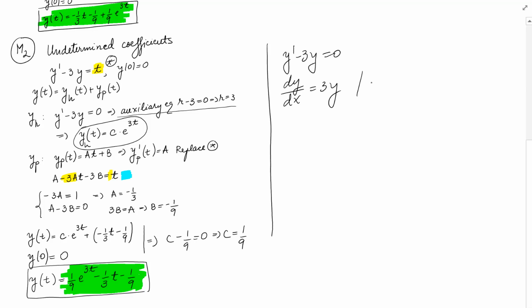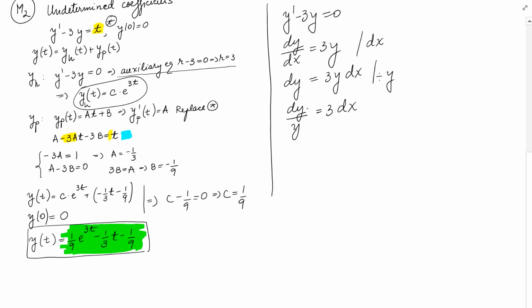So we can multiply by dx. Normally, we should not separate dy dx, but it's a shorthand operation that in this case just works. So if we divide by y, we get dy over y equals 3dx.